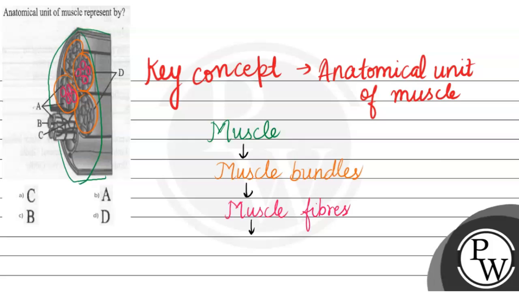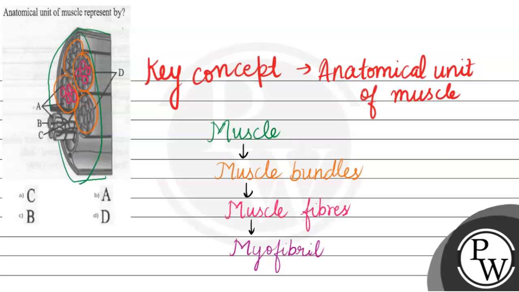Muscle fiber के अंदर भी myofibrils present होते हैं which is not clearly depicted in the picture shown here. अब इस muscle fiber के अंदर भी आपके myofibril present होते हैं. These myofibrils are having your protein structures that is having actin and myosin. This is myofibril.